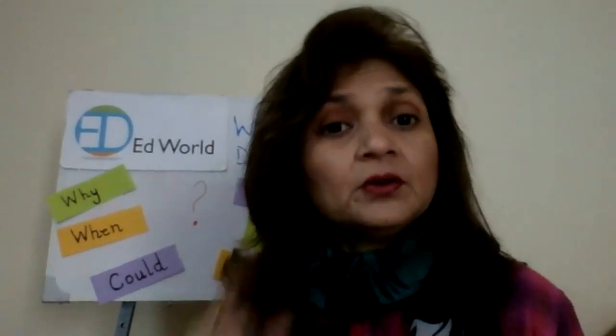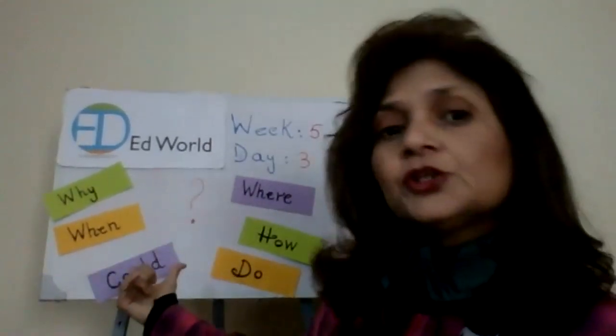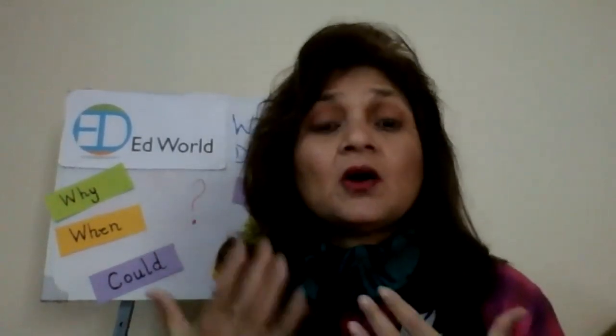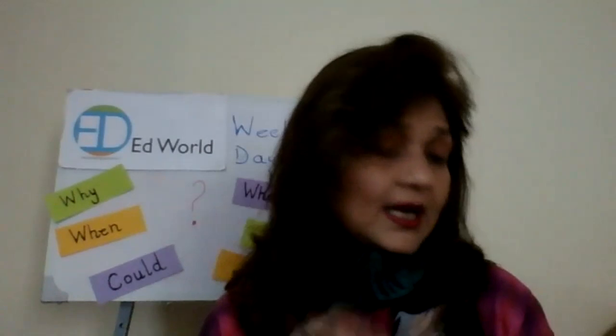Right? Correct? Now you can see that all these questions are using only one word, and that is do. Because the pictures are such that you can only ask questions using the word do. You can also use what does the rain feel like, or how does the rain feel like, how does the snow look like, how does the wind look like, right?